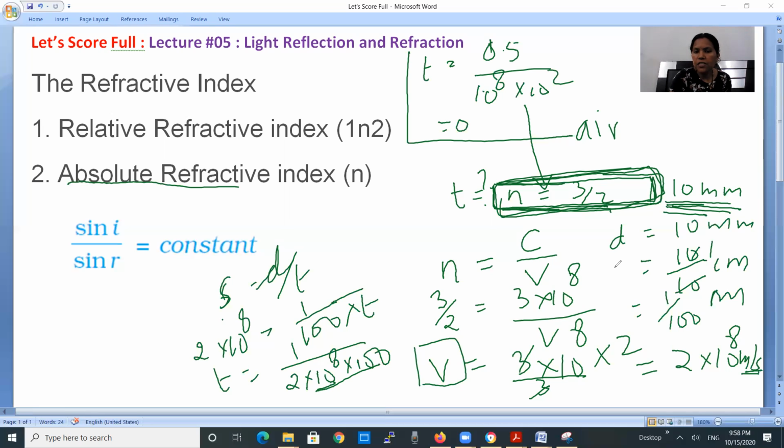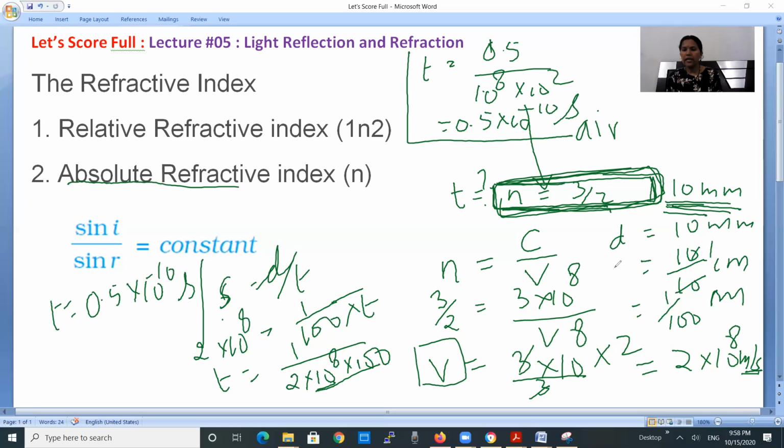So the answer will be 0.5 into 10 raised to minus 10 seconds. Final answer: time is 0.5 into 10 raised to minus 10 seconds. This is the time required to cross the glass slab by the white light. Is this clear? Okay.